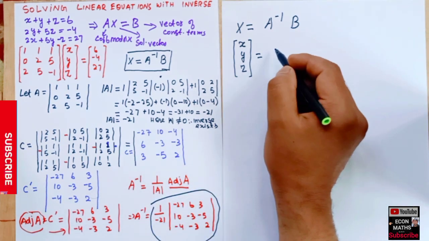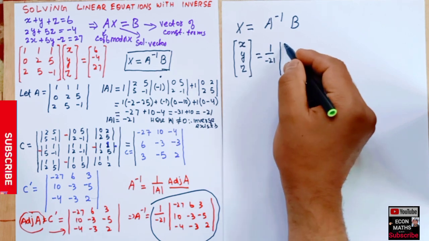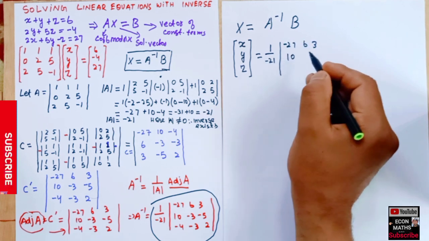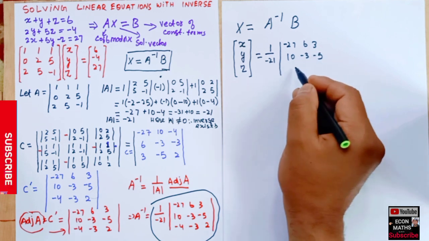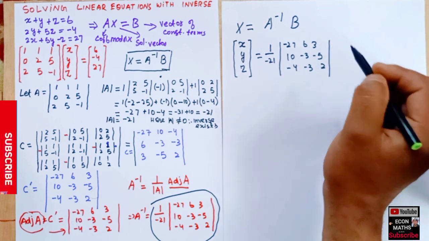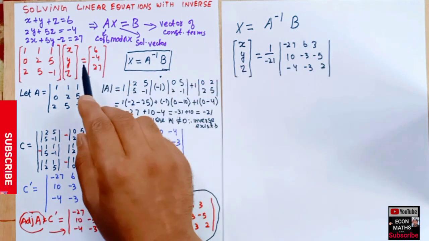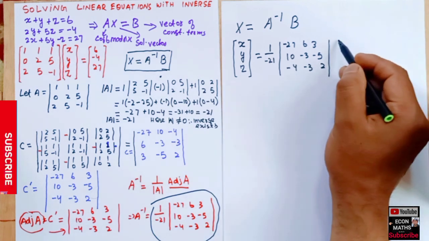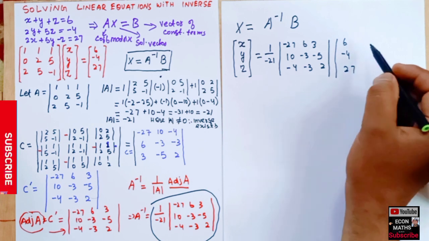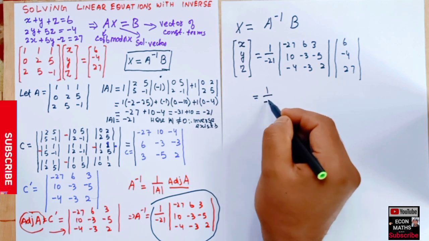So I will write this, that is 1 divided by minus 21, multiplied by minus 27, 6, 3, 10, minus 3, minus 5 and minus 4, minus 3 and 2, and multiply this with this B, where B is the vector of constant terms, that is 6, minus 4 and 27. So here it is 1 divided by minus 21.